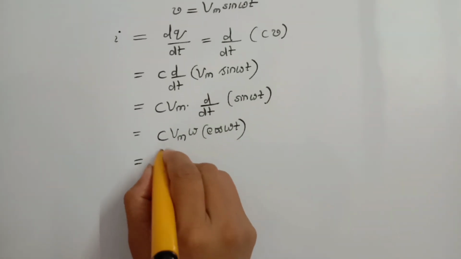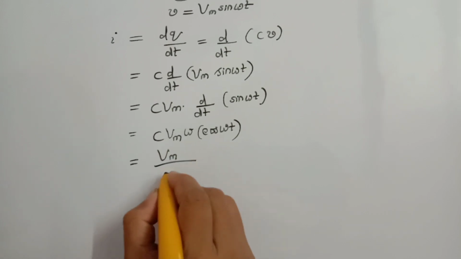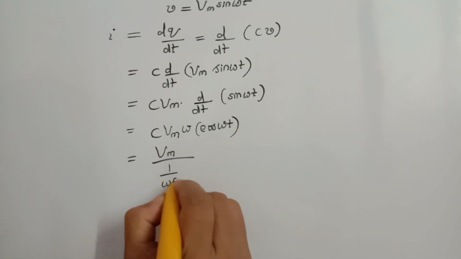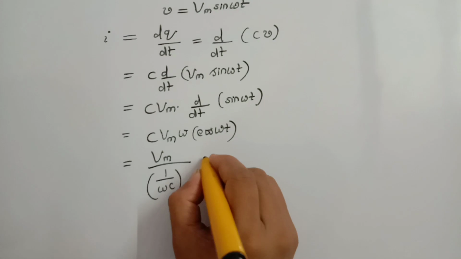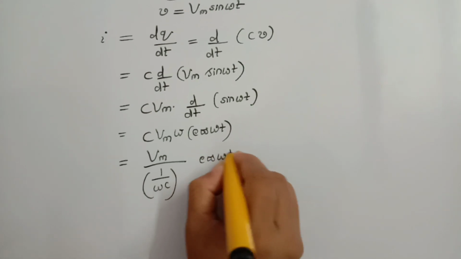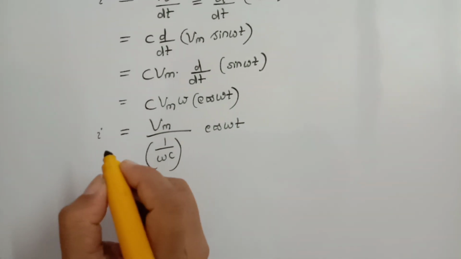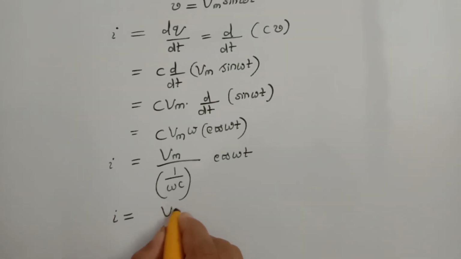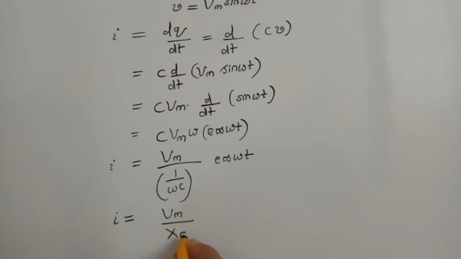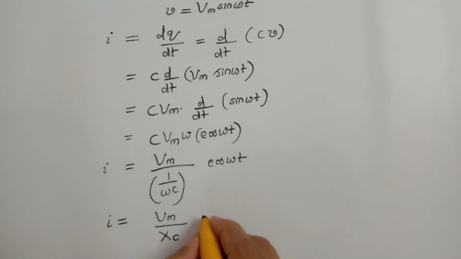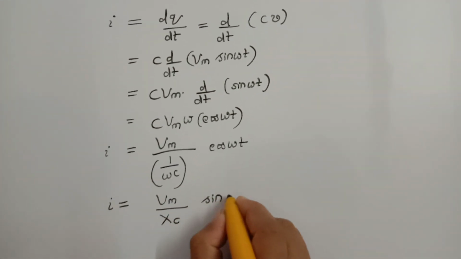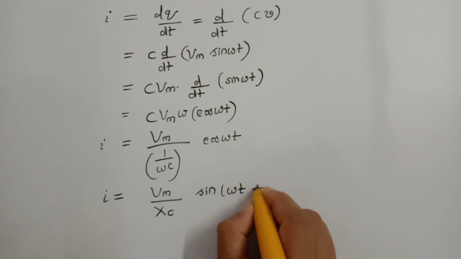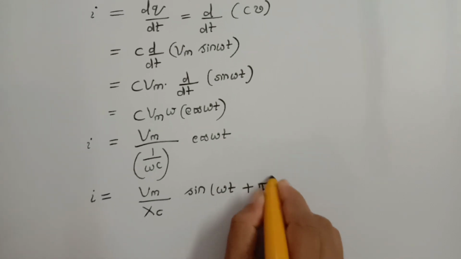The same equation can be rewritten as Vm divided by 1/ωC into cos ωt, which is equal to I. This is written as I = Vm divided by Xc, and cos ωt can be written as sin(ωt + π/2).